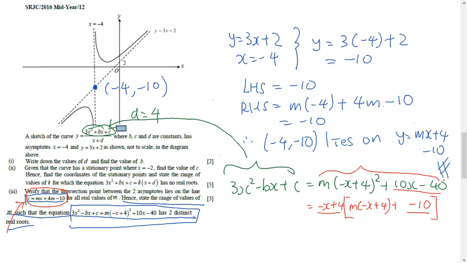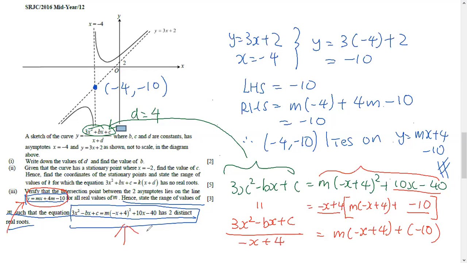So don't touch the left hand side first. Then I'll bring over this minus x plus 4: m times minus x plus 4 plus minus 10. So what this equation wants here is for this intersection to have two distinct real roots.